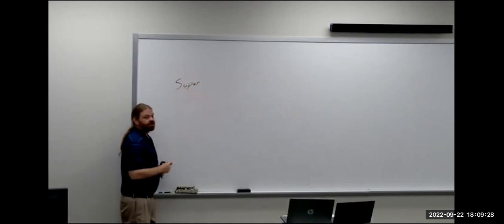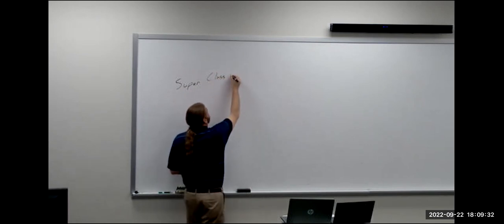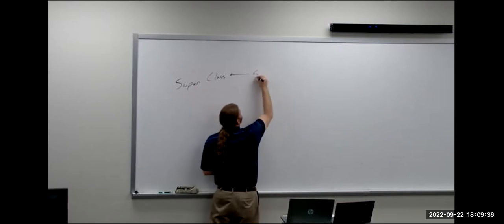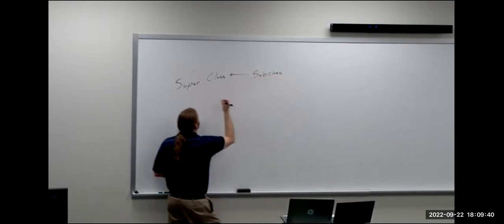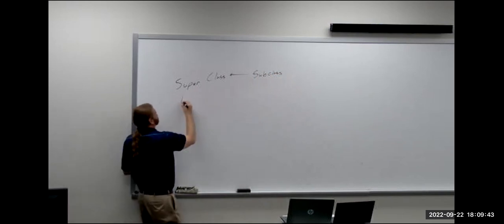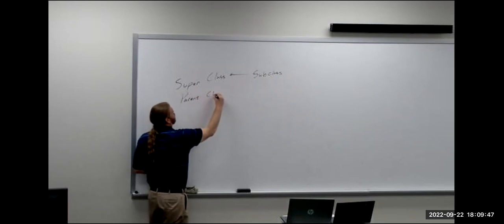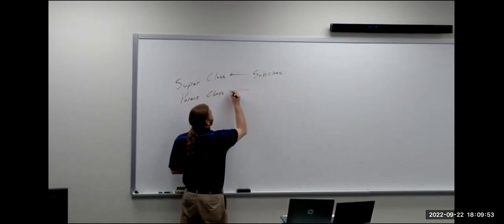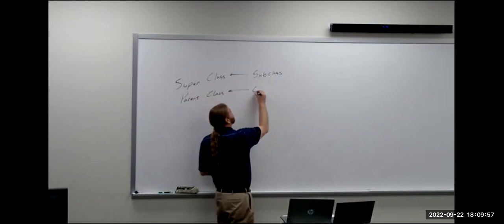We might say a superclass, and then everything in the superclass is going to be inherited by a subclass. We might also say parent class, and everything from that parent class is going to be inherited by a child class.